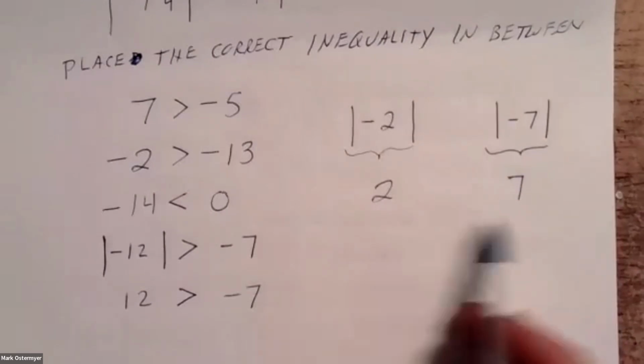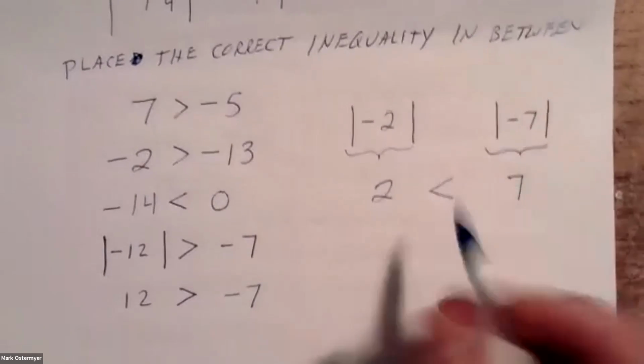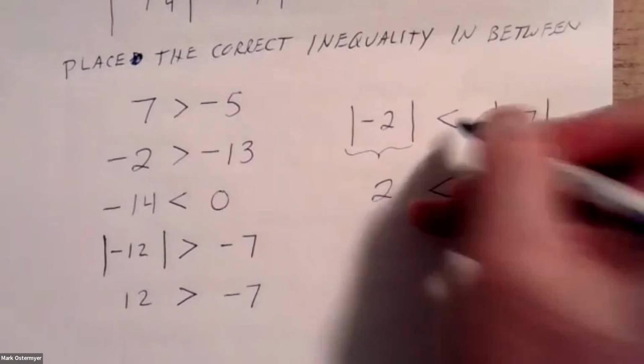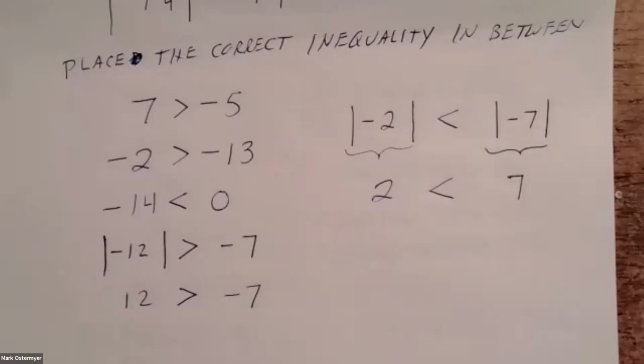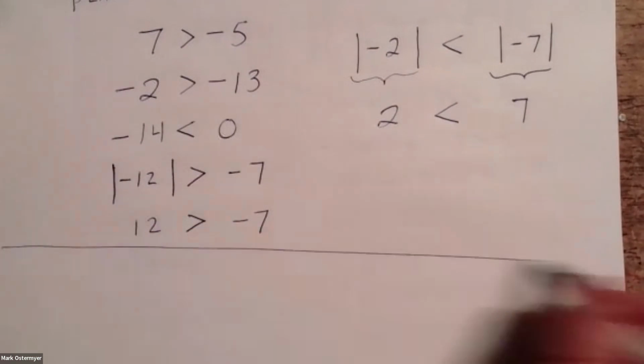Now what's bigger? 7. So 7 is greater than 2, or 2 is less than 7. Agree? So therefore, you would have to have your inequality looking like that. Is this making sense how we're orienting our inequality so that these are true numeric statements here? All right. Any questions about that there?